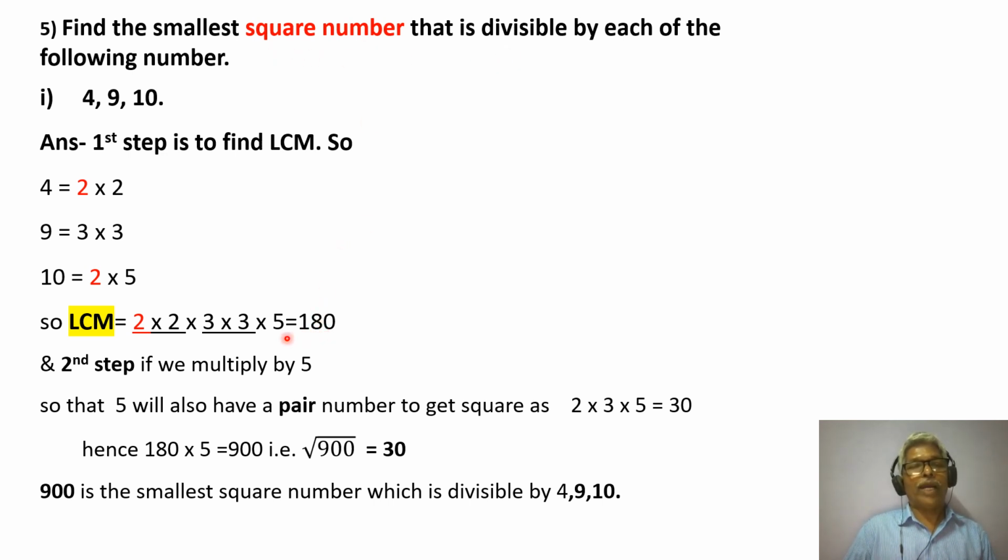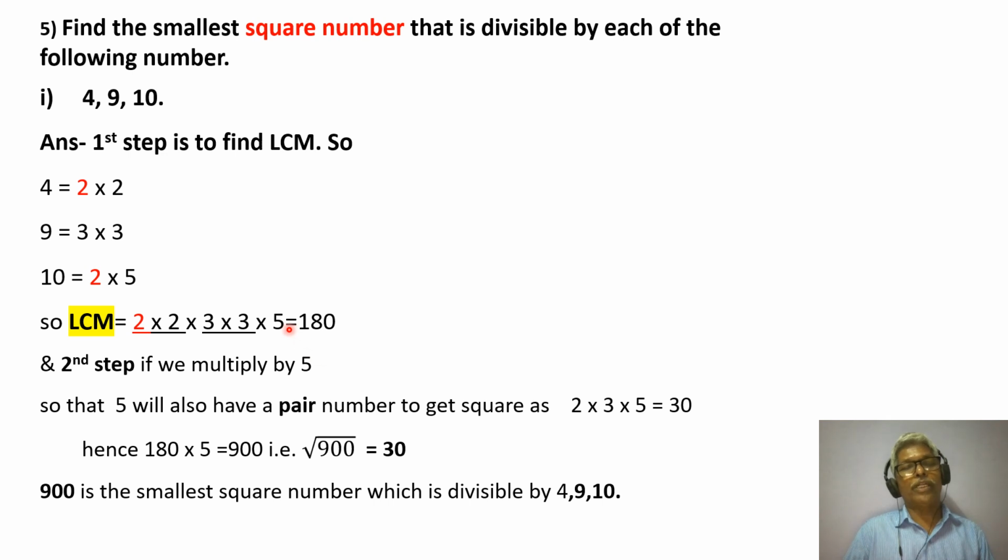The factors of 180 are 2 into 2 into 3 into 3 into 5. Then this is a pair, this is a pair. If 5 also has a pair, then the new number will be a perfect square. So we have to multiply this by 5, as we have seen in earlier similar examples.